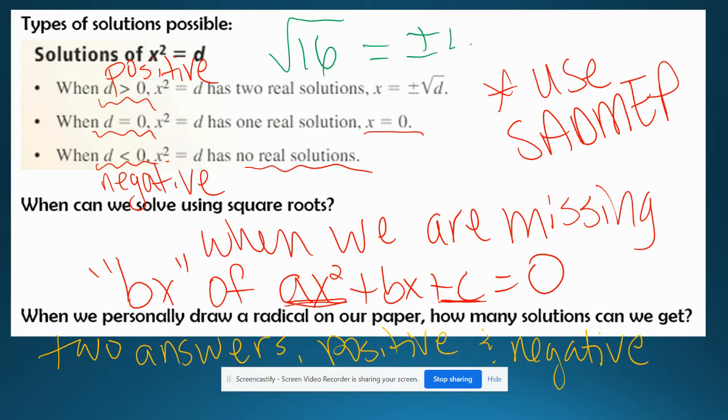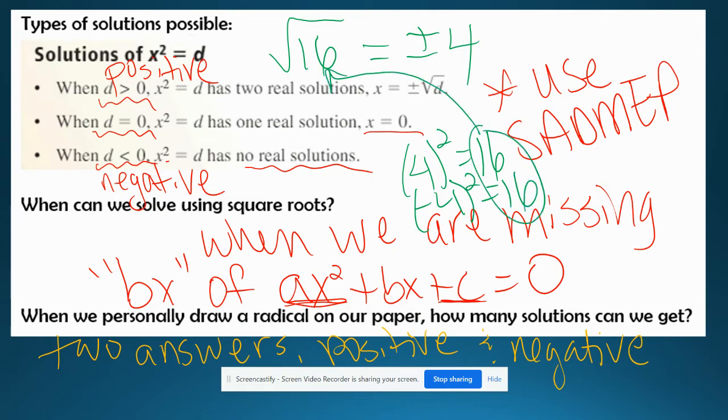We can say the answer to that is positive or negative 4 because positive 4 squared is positive 16 and negative 4 squared is also positive 16. That's why we can have both a positive and a negative answer.